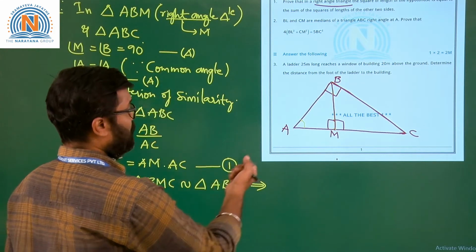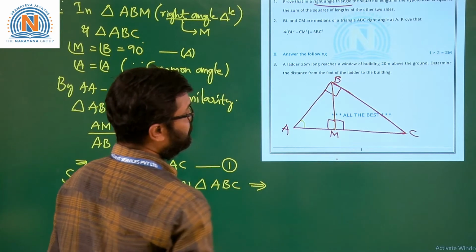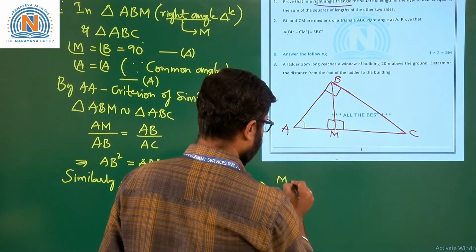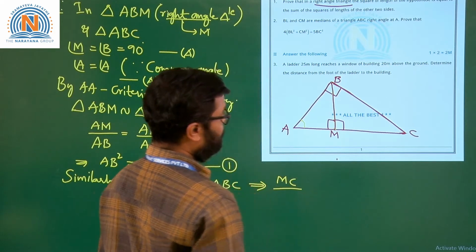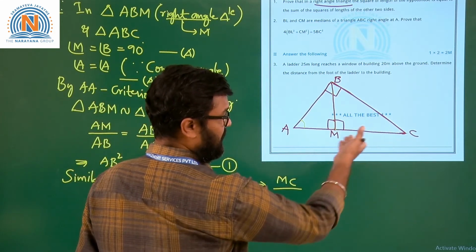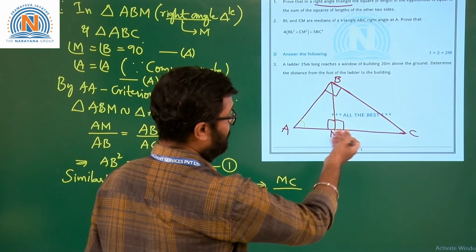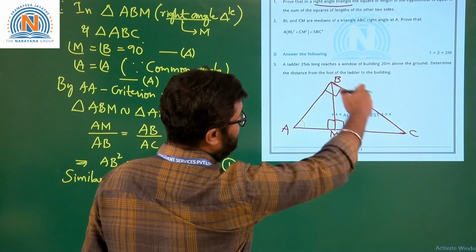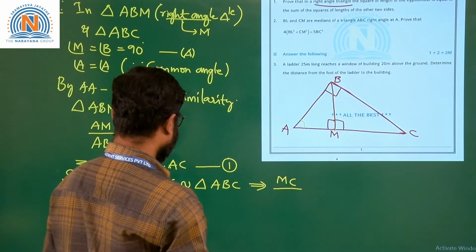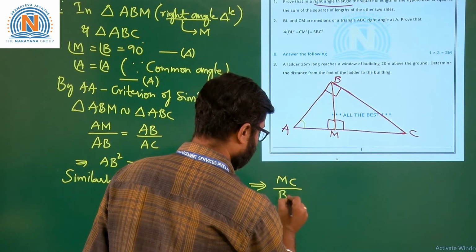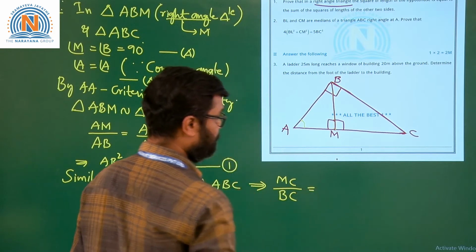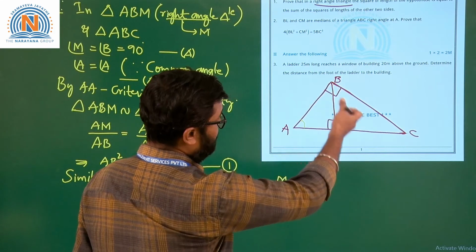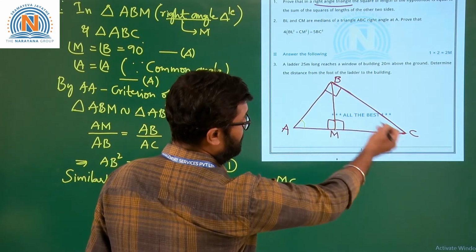So now if you consider this MC as one side, MC by, see children, here BC is there, isn't it? So MC by BC is equal to, now again take the hypotenuse for this BMC. What is the hypotenuse?